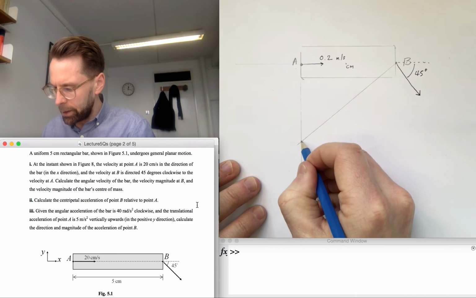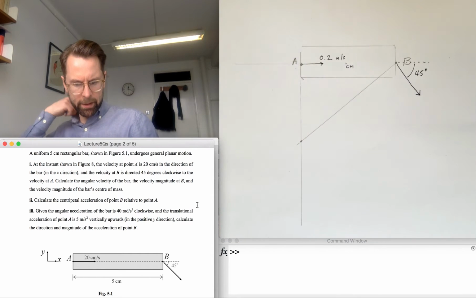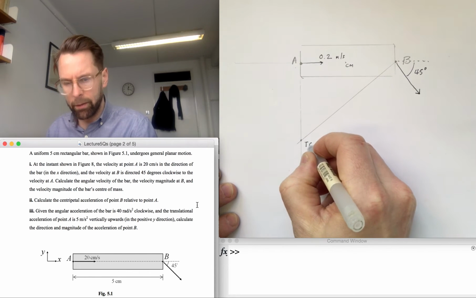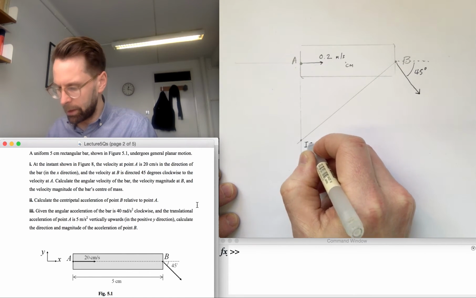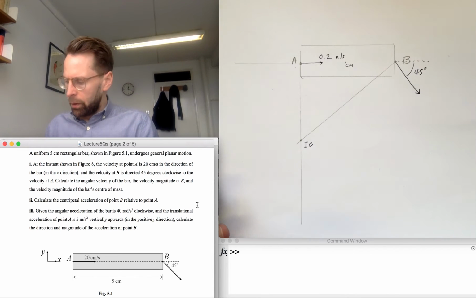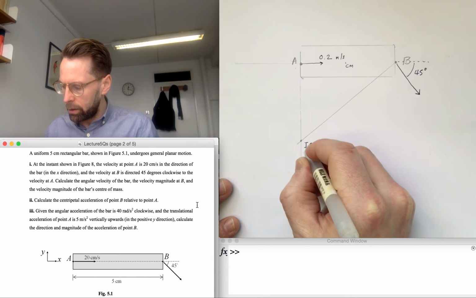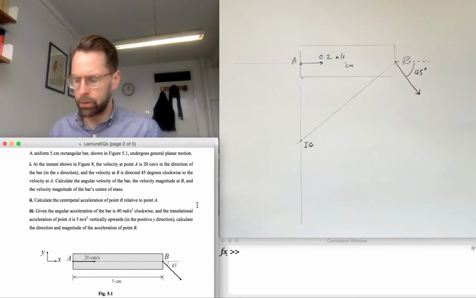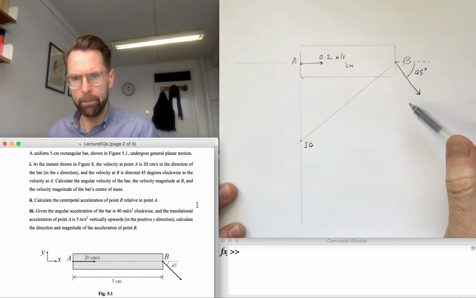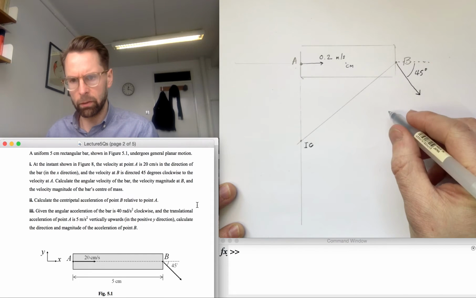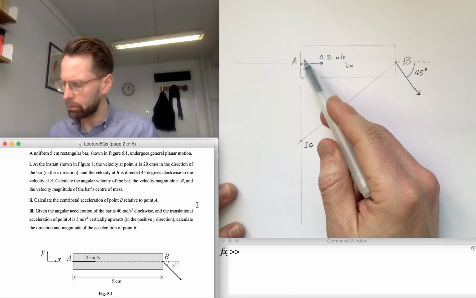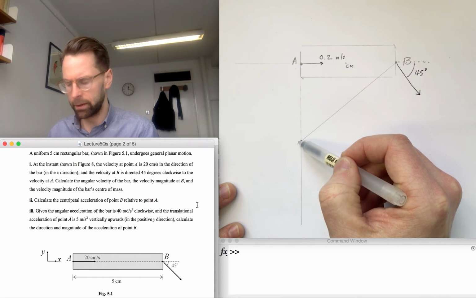This then, the point where these two lines intersect, is the instantaneous centre. And actually I think we covered that at the end of lecture 4. So we can use that now because this velocity here, the velocity of A, is actually the tangential velocity of a fixed axis rotation around the instantaneous centre.